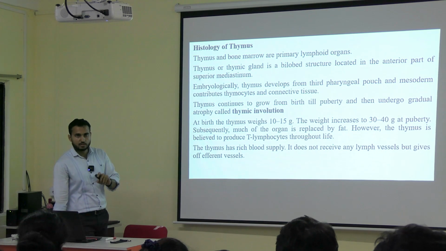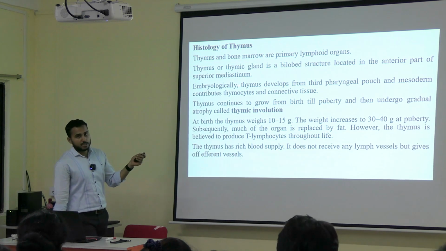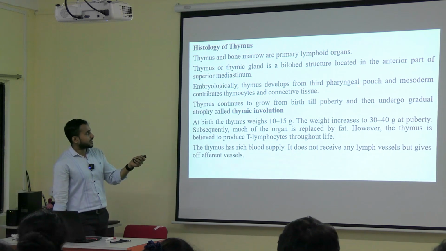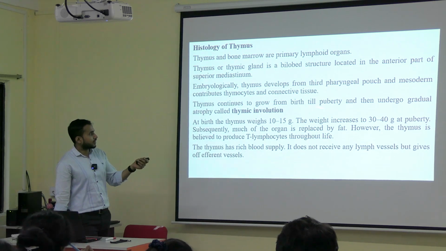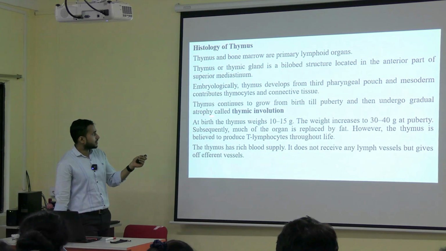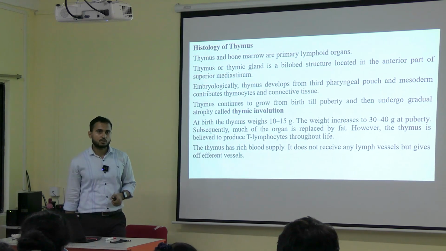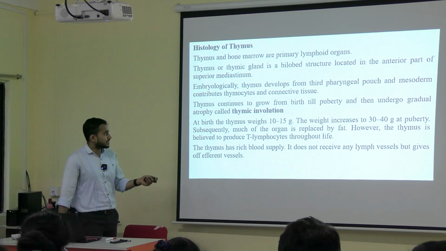The thymus has two lobes. Its location is the anterior part of the superior mediastinum. It develops from the third pharyngeal pouch. The thymus continues to grow till puberty, and after that gradual atrophy takes place. That is called thymus involution. The atrophy of the thymus takes place after puberty. That's why it can't be seen.